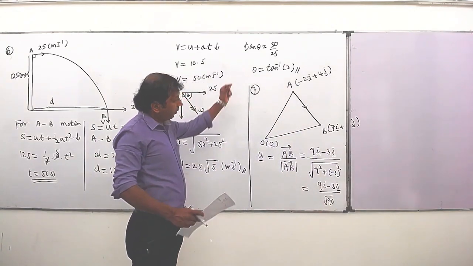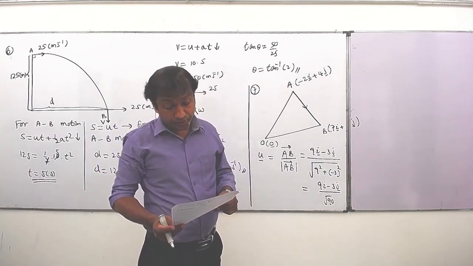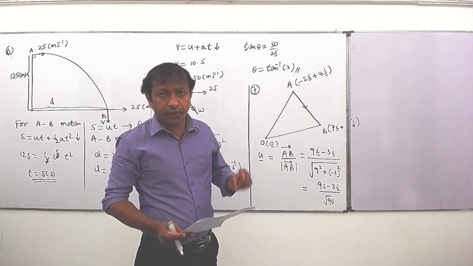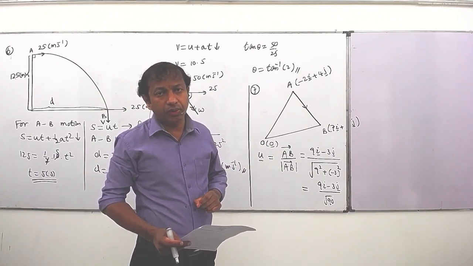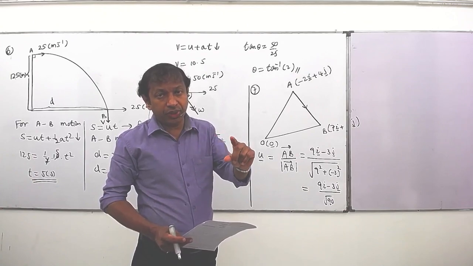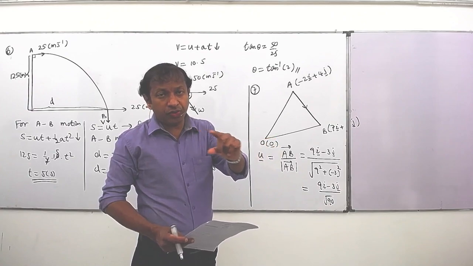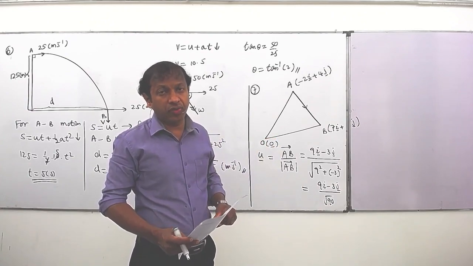Now, along the direction AB, there is a vector of magnitude 30. Then how is that vector written? A vector is its magnitude multiplied by the unit vector along the direction of that vector.